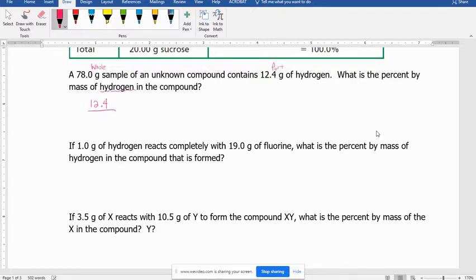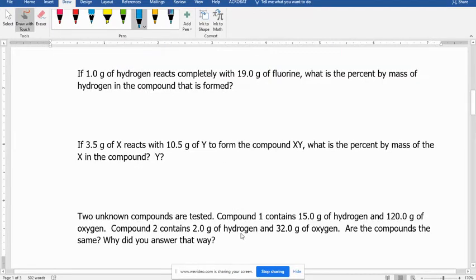We're going to divide it by our whole amount, which is 78.0. And then we're going to multiply that by 100. 12.4, 78, and so we end up with 15.897. So we're going to round that to the hundredths place. So we go 15 point, and that would end up being 90%.